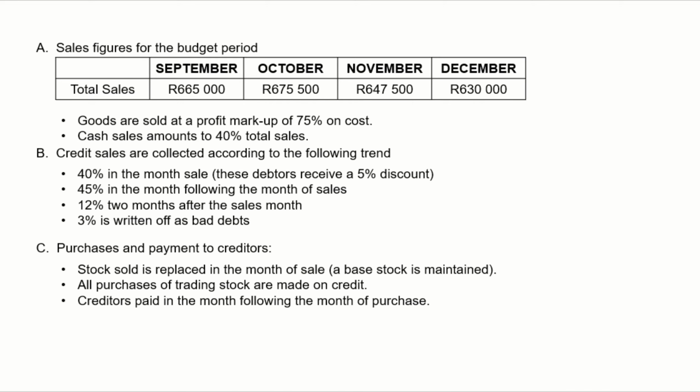I hope everyone's okay. So, in today's session, we're gonna go over how to do the calculation for payment to creditors on your cash budget. All right. So, without further ado, let's get into it. So, over here, we're provided with the information for the sales. We're also provided with the information for the credit terms and also the information on how we pay back our creditors.